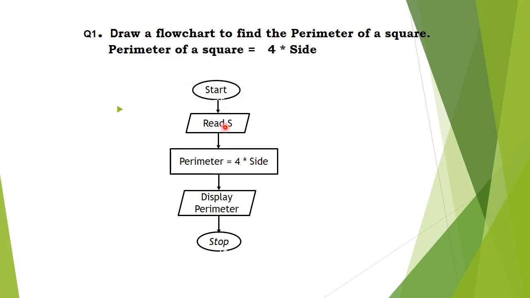You give one input s and store it in the variable s. That is given in a parallelogram shape. Then perimeter is equal to 4 into side, the formula for calculating the perimeter of a square. Then display the perimeter, which is an output, also in a parallelogram shape.